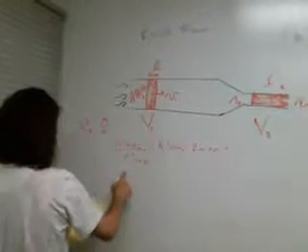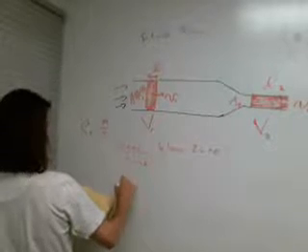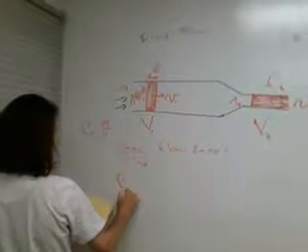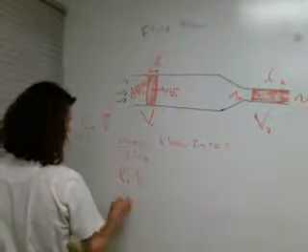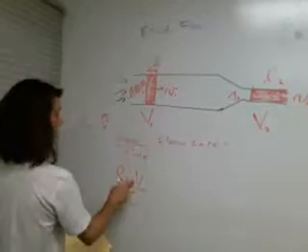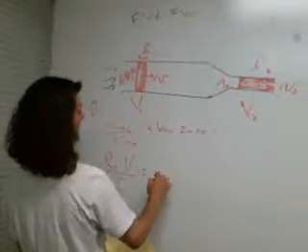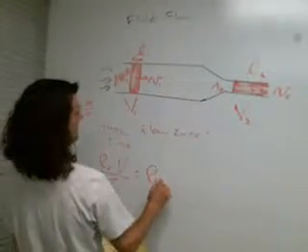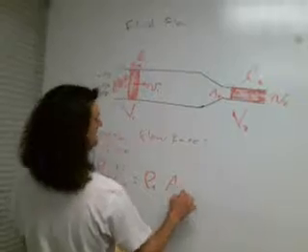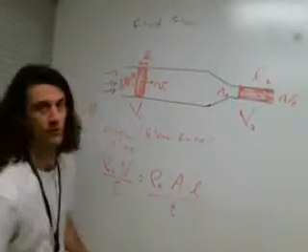So what I can do there is say we can talk about a density of the liquid times the volume per time. Density times volume per time is another way to say mass per time. And another way to say volume is area times length. So this is the same thing as the density of the liquid times the area times the length per a certain quantity of time of what's flowing through it.